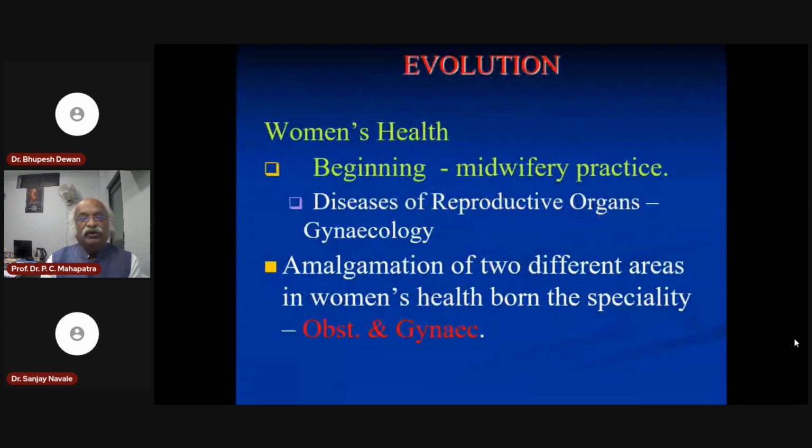Now coming to the evolution. In the evolution of women's health, the beginning was midwifery practice. Diseases of reproductive organs came later on, and gynecology was coined for that. When the amalgamation of two different areas in women's health happened, the specialty obstetrics and gynecology was born.